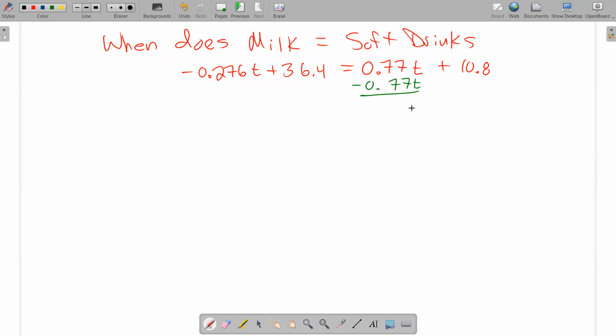And for any complex problem, there's going to be many possible ways to do it and get the right answer. Now here, my goal was, since this is a positive number that's added, I'm subtracting it to get rid of it from that side. So that should add up to a 0, leaving just that 10.8 on the other side. On the left, I haven't messed with the 36.4, and I got to calculate what that subtraction is.